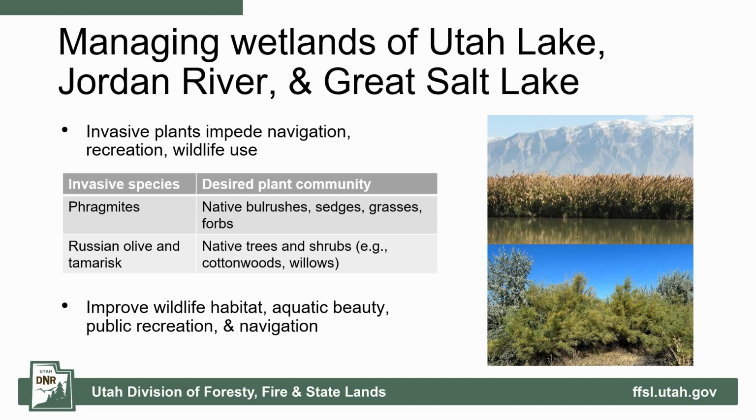And so for that reason, like Keith had just mentioned, we are really striving to pursue an active revegetation approach so we can get those native bulrushes, sedges, grasses, forbs, trees, and shrubs in these wetlands so that they can function properly. And our goal is to improve these public trust doctrine values that Keith mentioned in the beginning. So that's the wildlife habitat, the aquatic beauty, public recreation, and navigation.